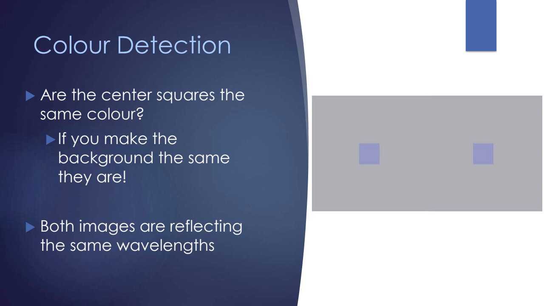So the square on the left and the one on the right appear to be different colors, but they are reflecting the exact same wavelengths. If you remove that background, they appear the same. So the wavelength that our visual system absorbs doesn't necessarily predict the color that we perceive. This is a great example of that.